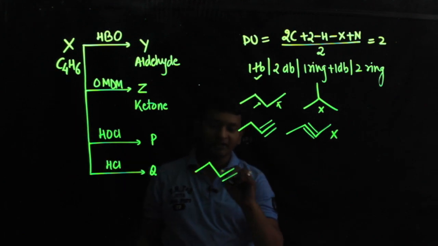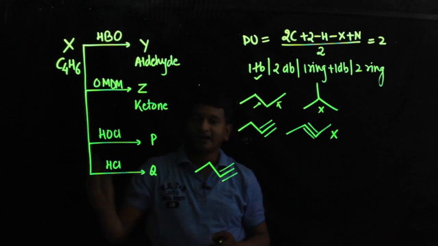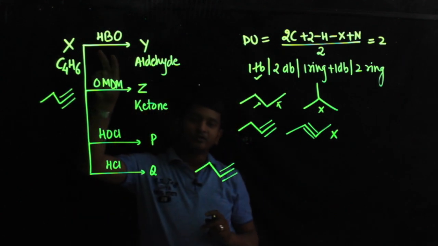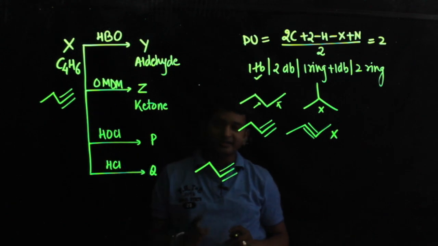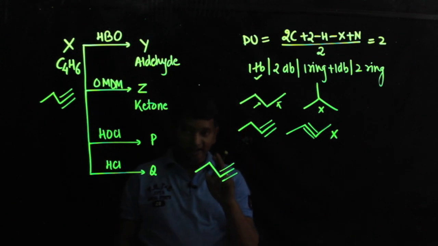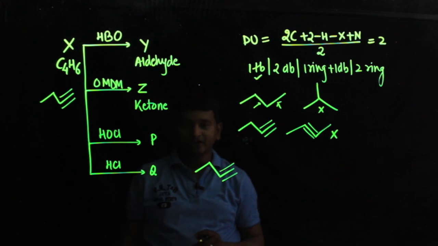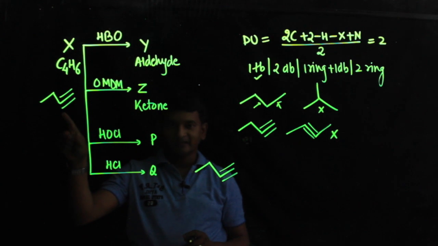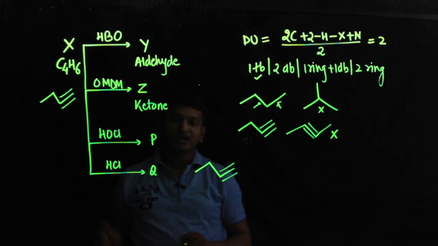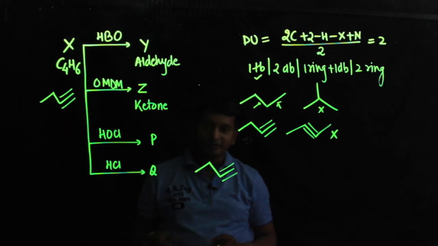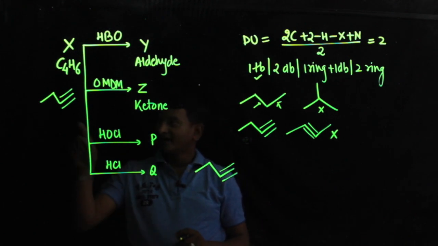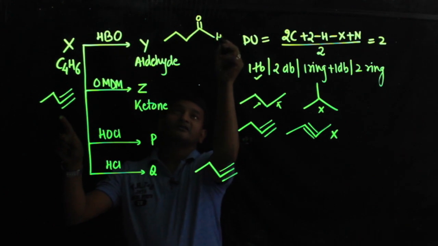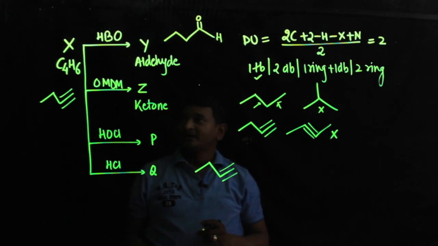So the structure of X is but-1-yne, and this but-1-yne on hydroboration oxidation is simply the addition of water following the Markovnikov rule but resembling the anti-Markovnikov concept. So add OH and here H, again OH, H, and if a carbon has two OH groups, remove a molecule of water, and after that the aldehyde will be formed like this, butanal.